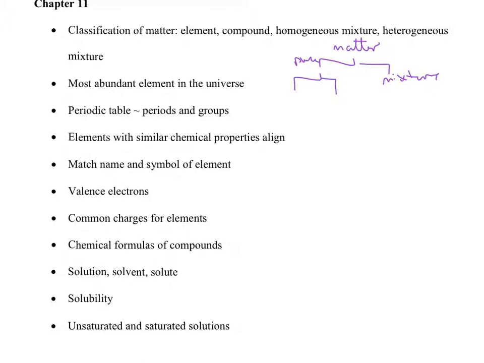You could be an element, or it can be a compound. I'll put CPD for compound. And your two options for mixtures are homogeneous, homo, and heterogeneous, hetero. Okay, so that's what this is up here, classification of matter.